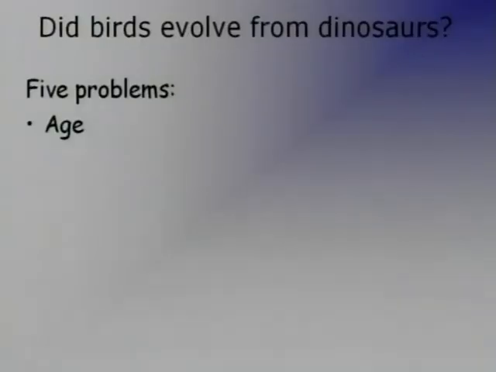And while we're on birds and the fossil evidence for bird evolution, I want to point out some of the problems with the story about birds evolving from dinosaurs. When we say birds evolving from dinosaurs, we're talking about theropod dinosaurs, because that's the current theory. And there are problems with this theory. One is to do with the relative ages of the fossils.